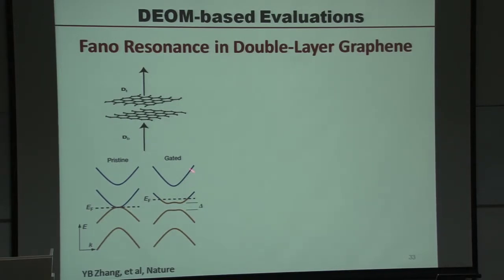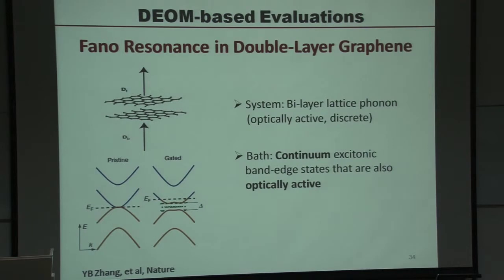However, when you apply the gate voltage, the band gap opens, and that gap can be tuned by the externally applied gate voltage. This has many applications. The system here is actually bilayer lattice phonons. This is optically active, discrete. Not only is it activated, the band gap is also activated with the lattice phonon.